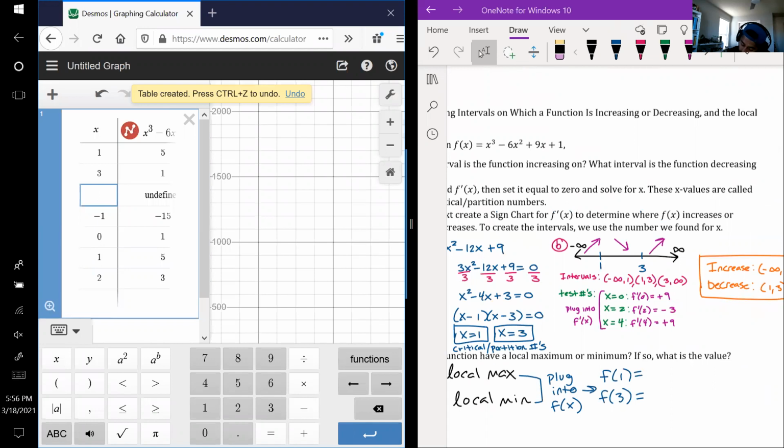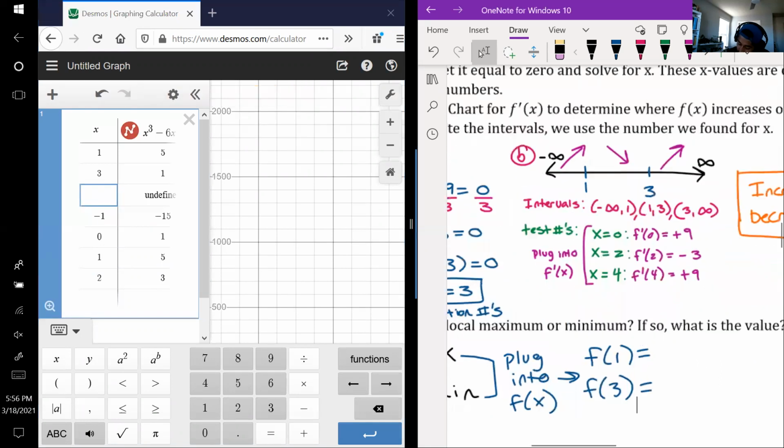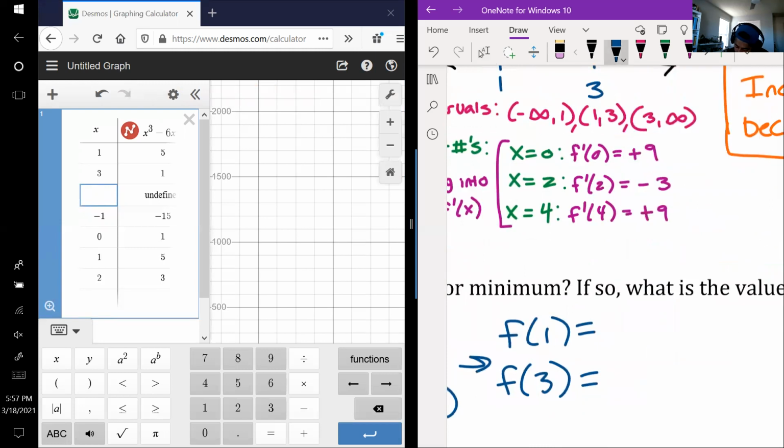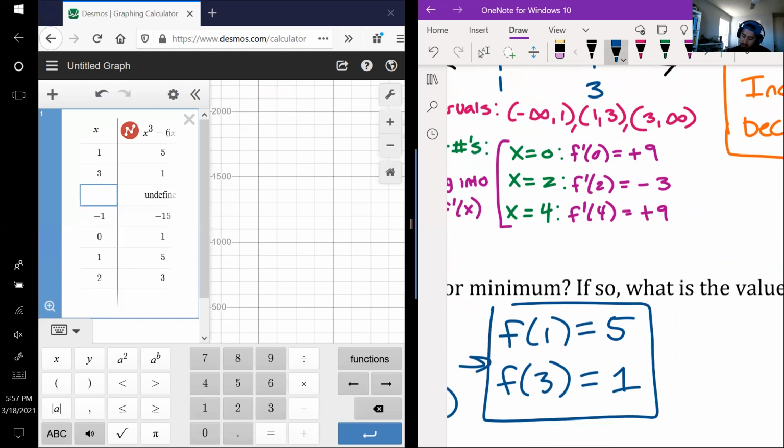Perfect. So when I plug 1 in, we get 5. When I plug 3 in, we get 1. These are the exact points where you'll have a maximum and minimum.